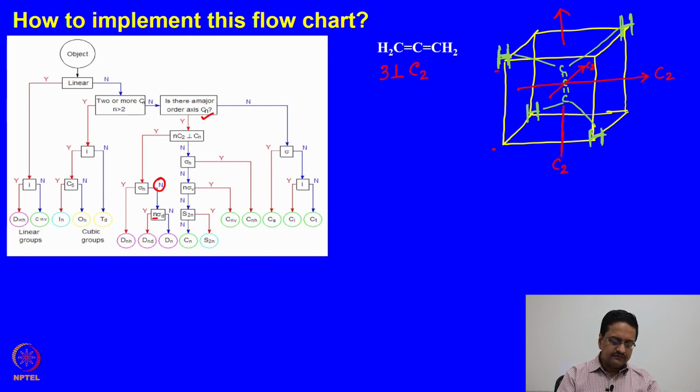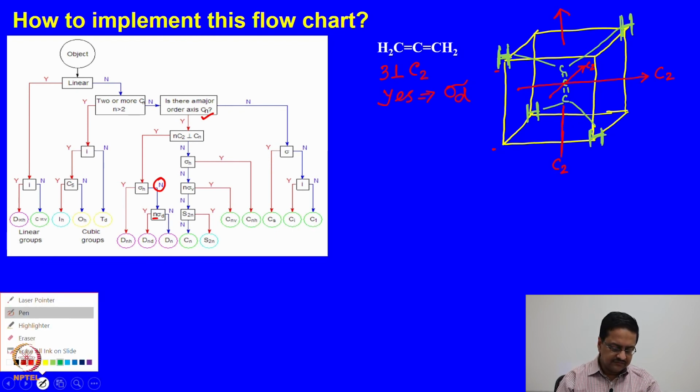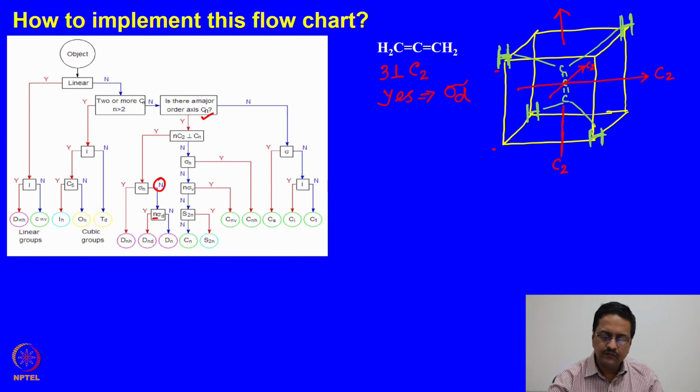Do we have at least two sigma d's? The answer is yes, we have sigma d's. Where are the sigma d's? The sigma d's that we have are shown here using this blue color.